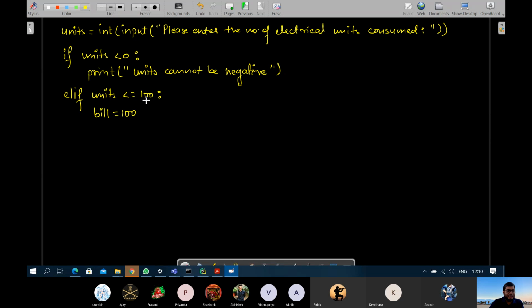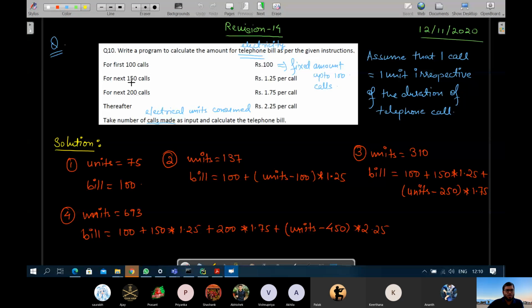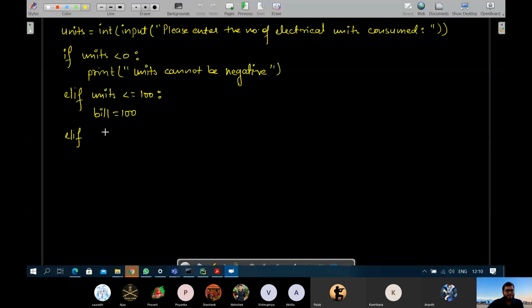अगर 100 से भी नहीं है छोटा, then that means, do we need to write units greater than 100 and units less than equal to 250? वो लिखने की जरूरत नहीं. If it has come in elif, okay, just give me a minute.